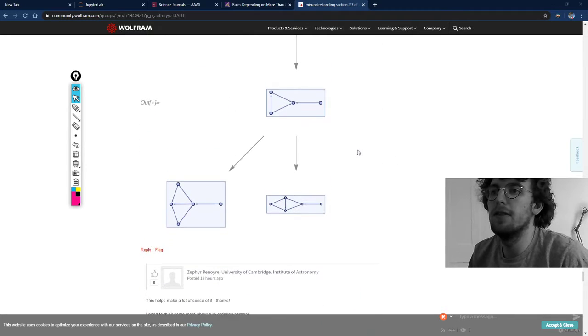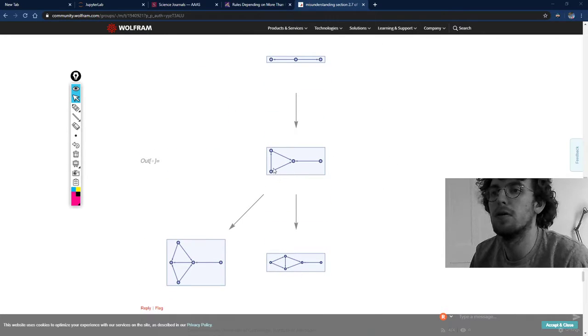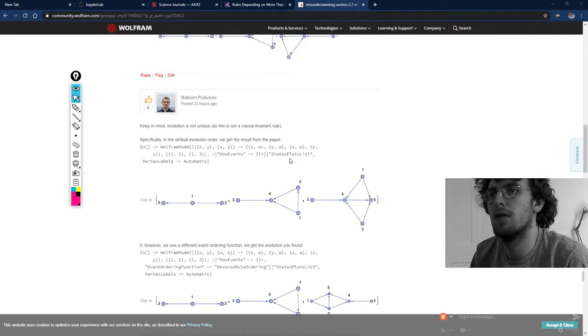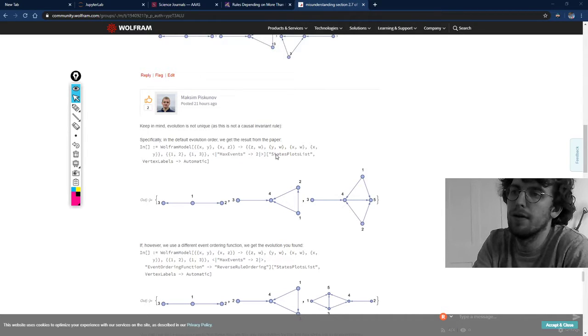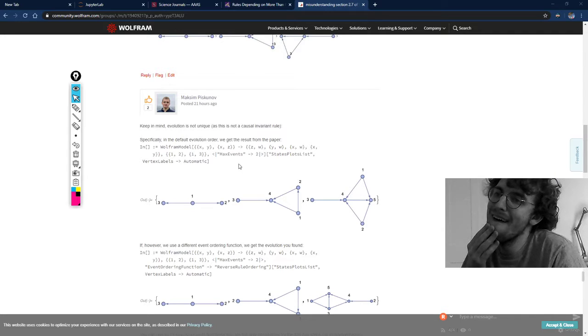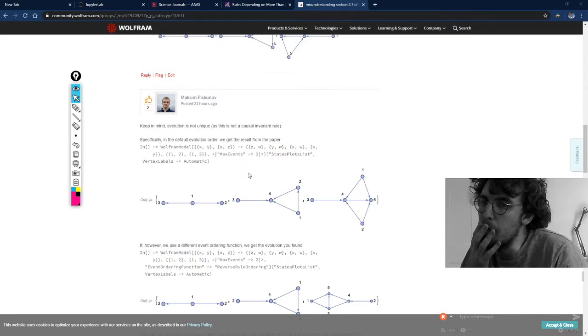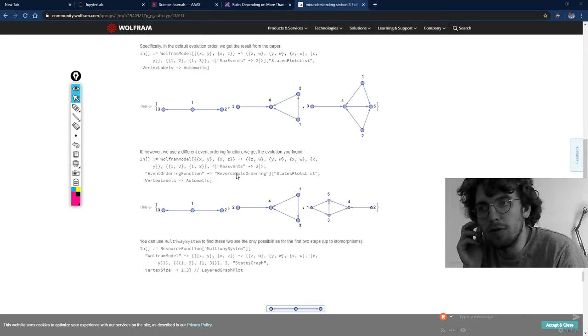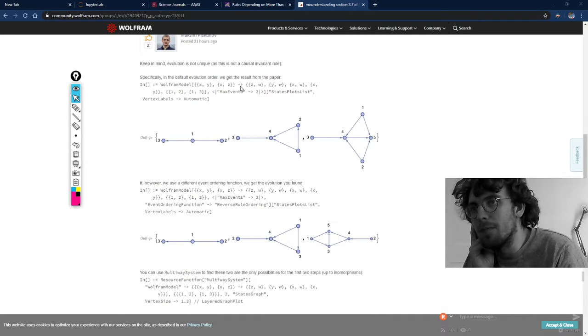So it's whether in this state it's just the event ordering function which changes. Same function.